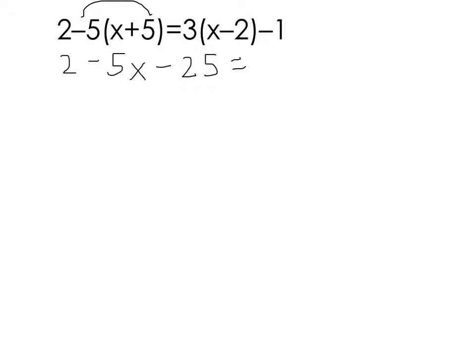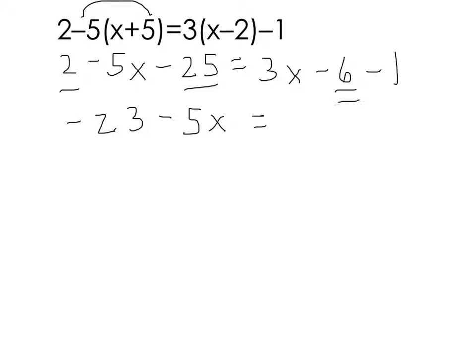So eliminating the parentheses on the right-hand side, we have 3x minus 6 minus 1. Now we combine like terms. On the left-hand side, we have 2 minus 25, so it's minus 23 minus 5x. On the right-hand side, we have like terms, minus 6 minus 1, so we have 3x minus 7.